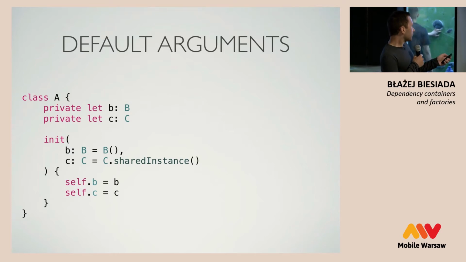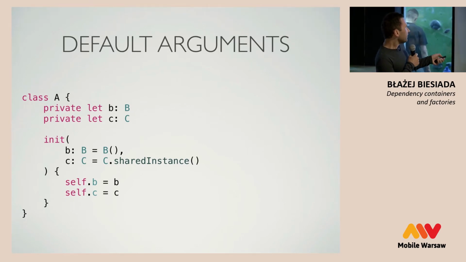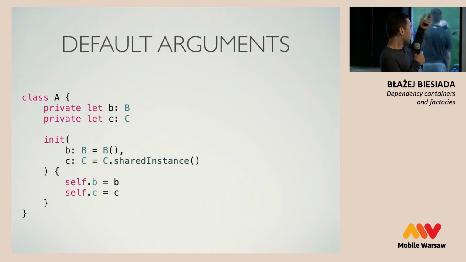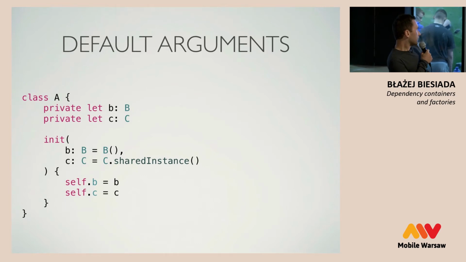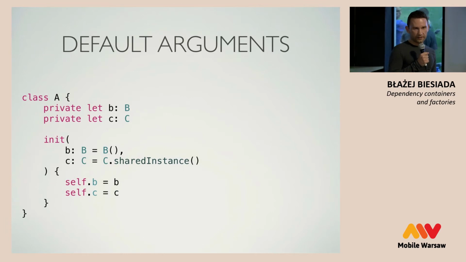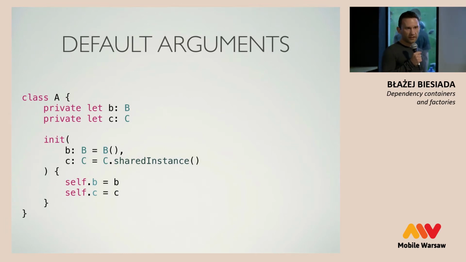Interestingly enough, the B dependency is created as a new instance for this class, but C is taken from a shared instance. This is very useful because you can still unit test this and inject other mocked instances. But if you are not testing it, you don't mock, and then you are using the default arguments. So very convenient.